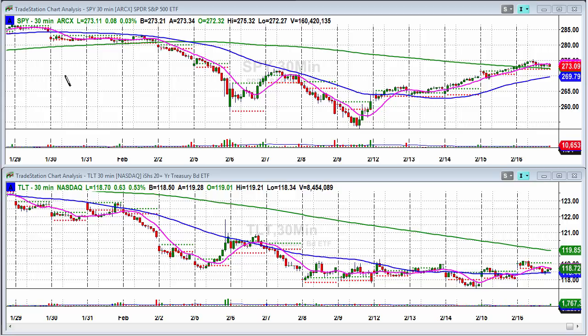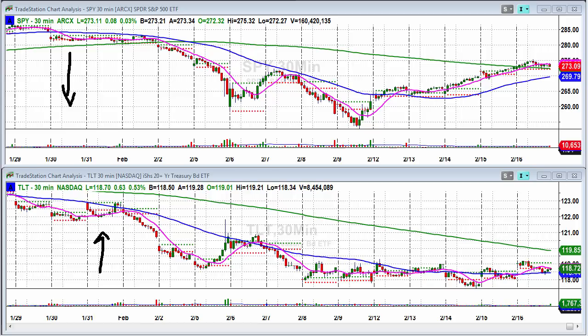So one big obvious situation is when stocks are driving bonds, and what that means is if you have a big sell-off in stocks and a big rally in bonds, it usually means that stocks are scared and money's running to bonds.